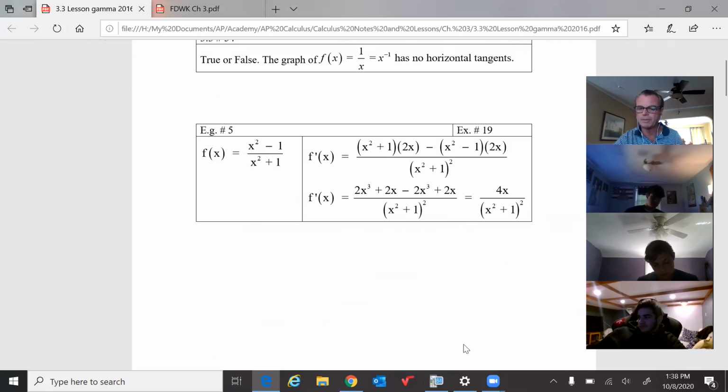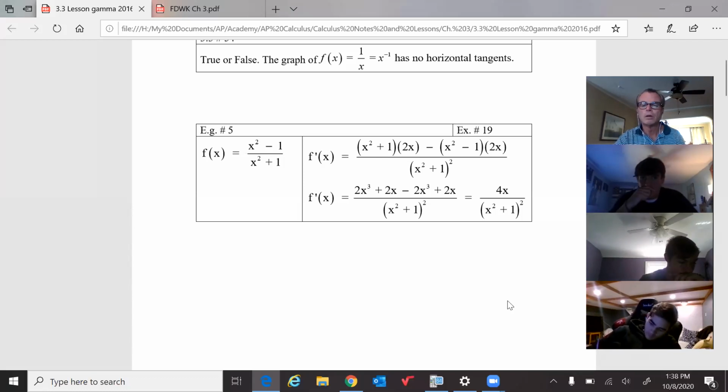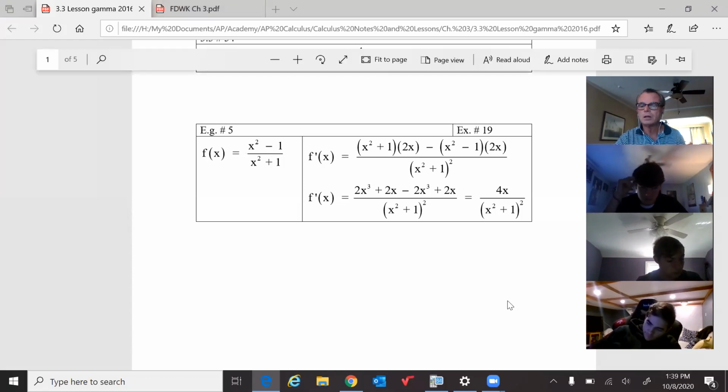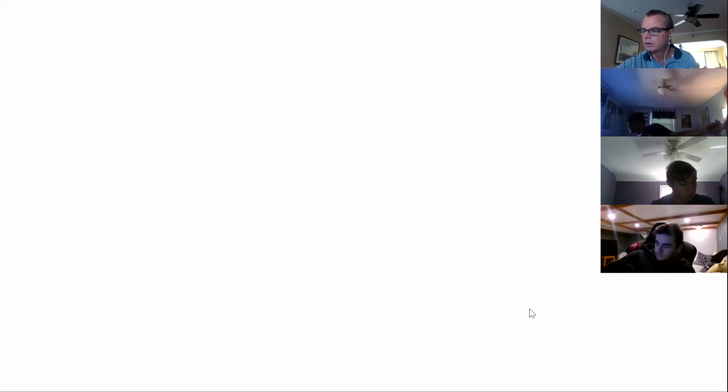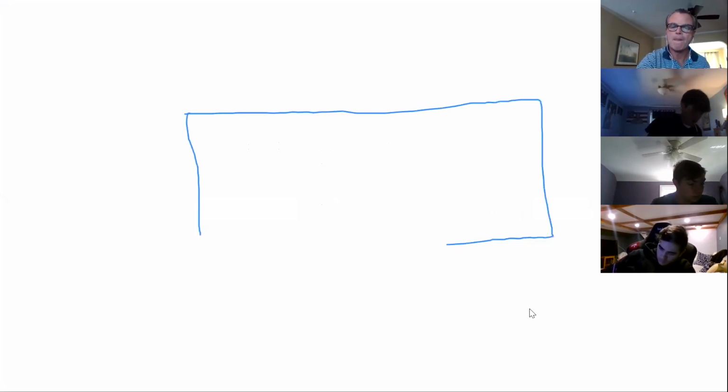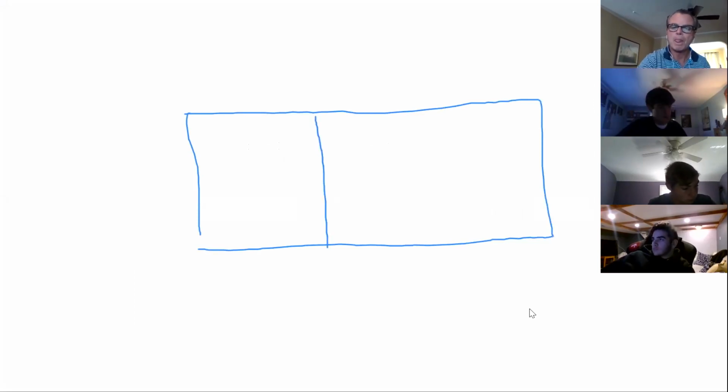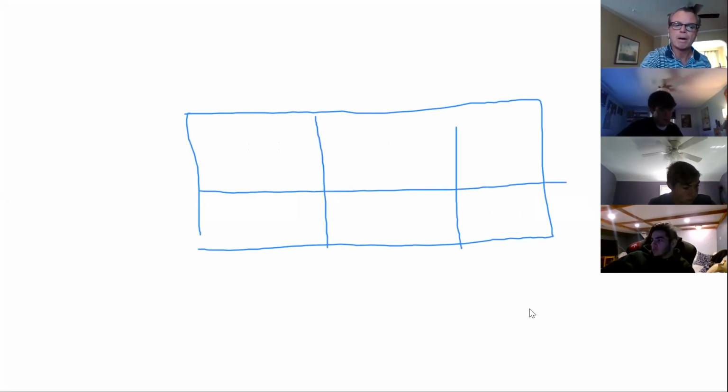I'm going to leave this up here. For 19, you want to expand the numerator first. So to expand the numerator with a lattice, you would have x take away 1. I'm not going to do the whole thing for you.